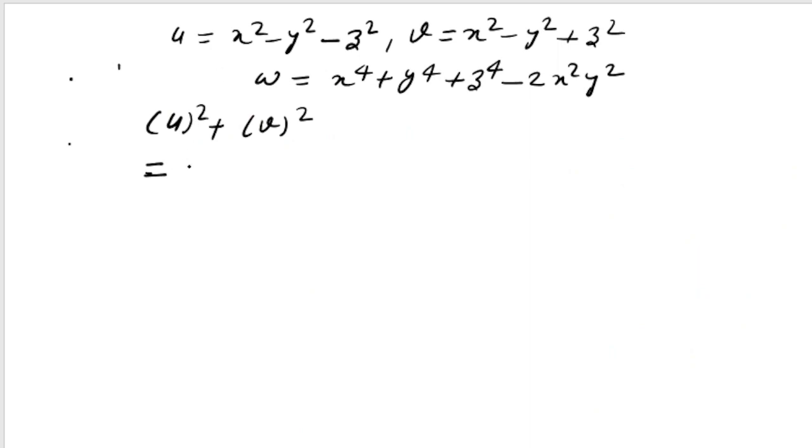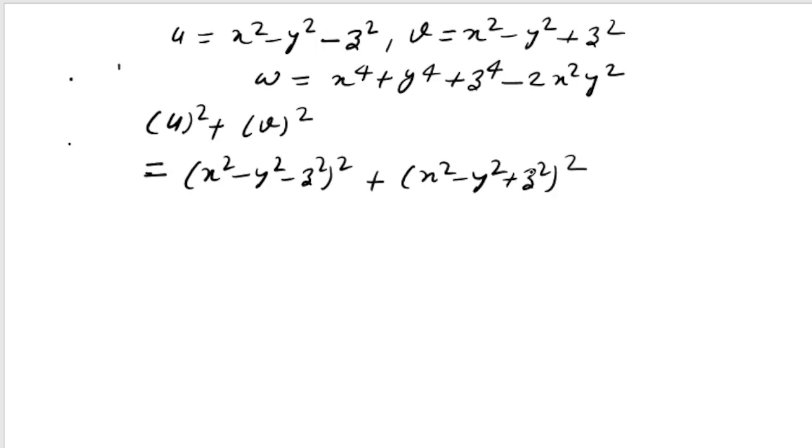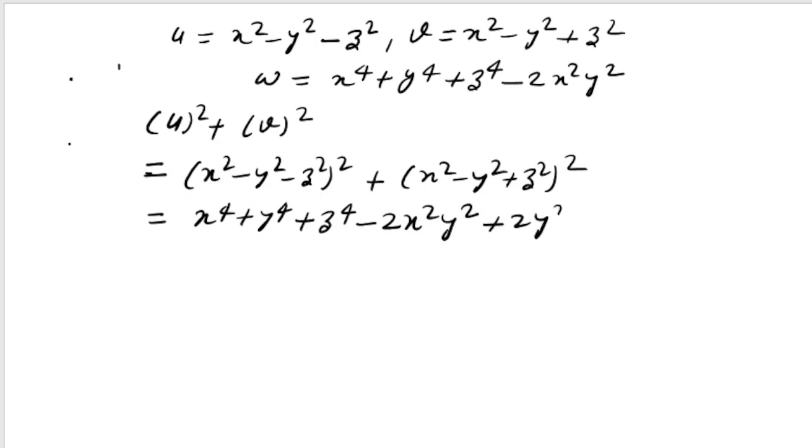So here if I take u square, I have to square x square minus y square minus z square, and plus v square, that is x square minus y square plus z square. So if I do this, I will get x to the power 4, then a square plus b square plus c square, plus 2ab, so this will give me minus 2x square y square, plus 2bc, so this will give me plus 2y square z square, and 2ca, so this will give me minus 2z square x square.